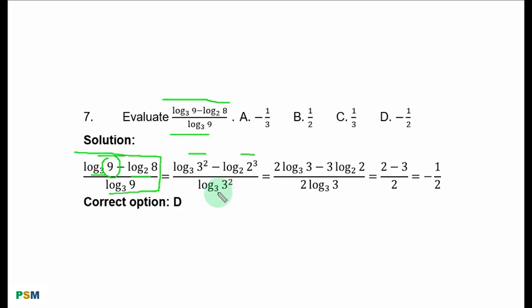You have 3 squared here also. From the power law of logarithm, the powers 2 and 3 are used to multiply the respective terms from behind. So power 2 is used to multiply log 3 base 3.